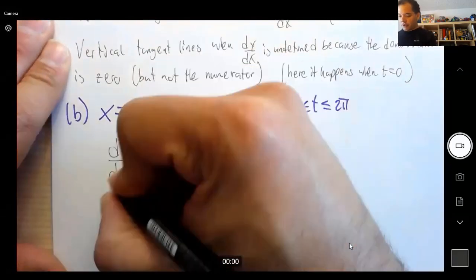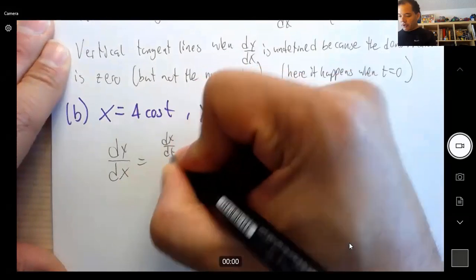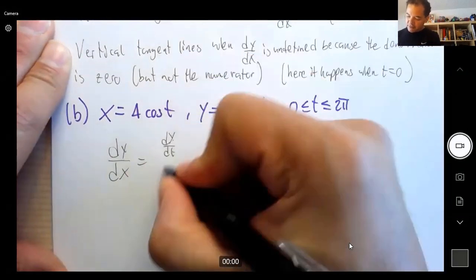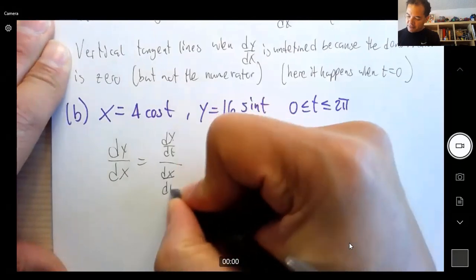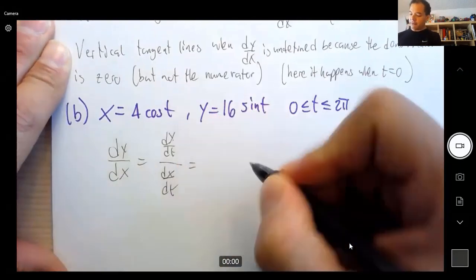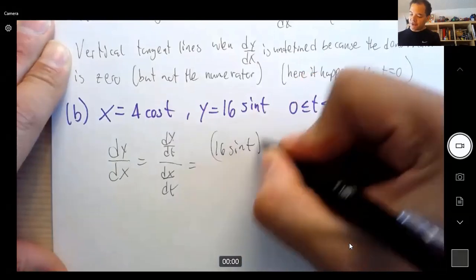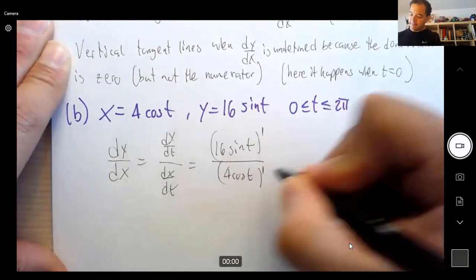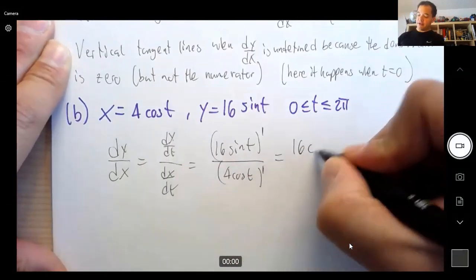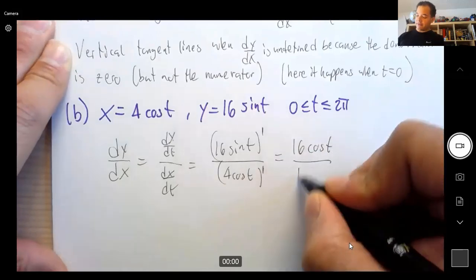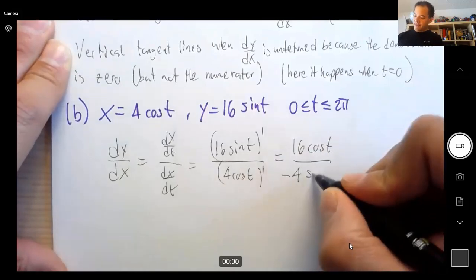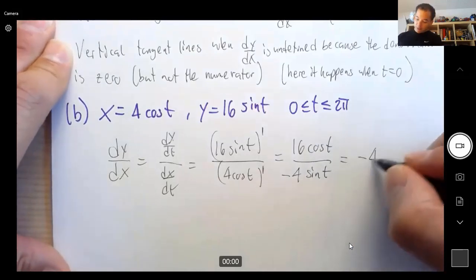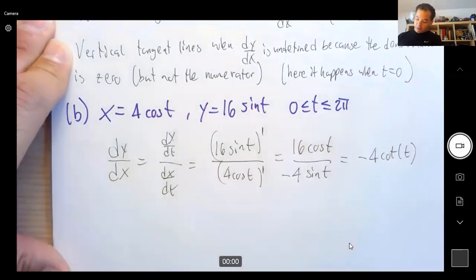So dy dx is dy dt over dx dt. The derivative of y with respect to t is 16 cosine t, divided by the derivative of x, which is negative 4 sine t. So this becomes negative 4 cotangent t.